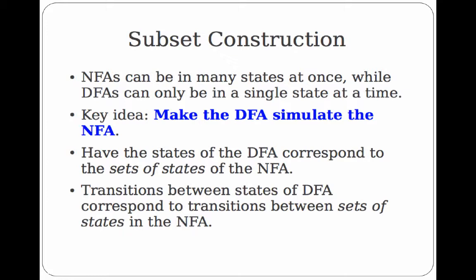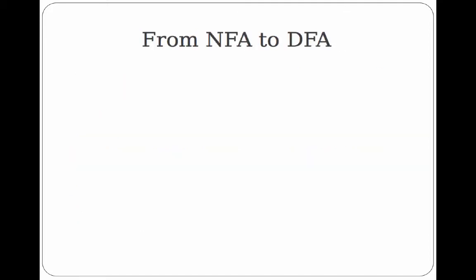Remember, when we did the simulation, we kept a set of states, which were all the places that the NFA could go to. So the states of the DFA will correspond to sets of states in the NFA. Transitions between states of the DFA correspond to transitions between sets of states in the NFA. So here's an example.